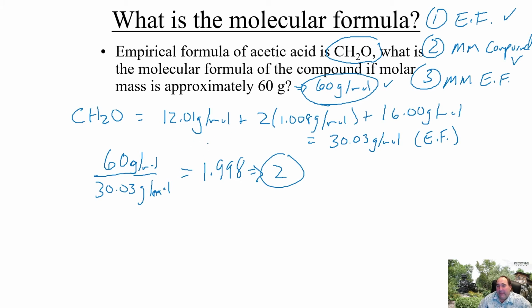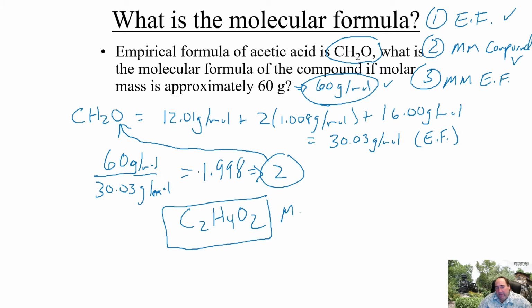So what we do is take the 2, and we're going to multiply the entire empirical formula by it. This will give us C2H4O2 as our molecular formula. Now, sometimes people will write it like this, CH2O, and on the bottom right put the 2.